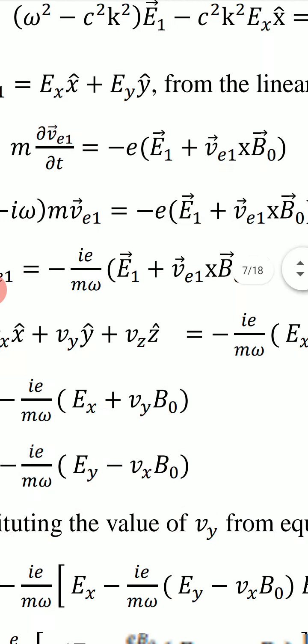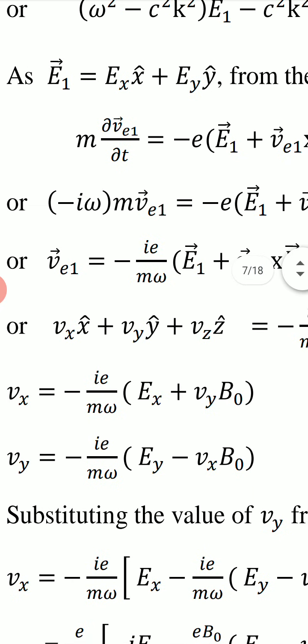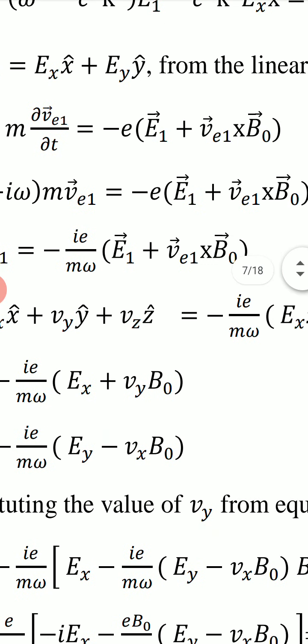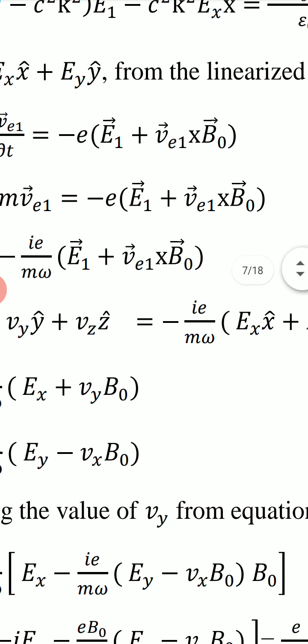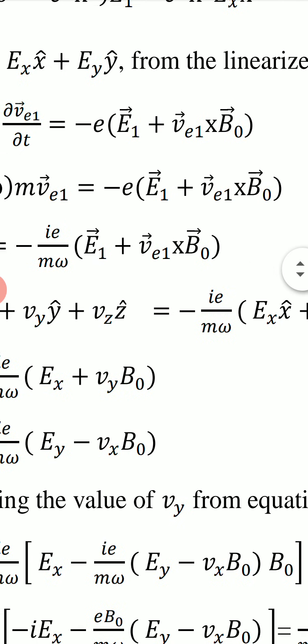So left hand side is mass into acceleration, which is force, and in the right hand side it is the force due to electric and magnetic fields. Charge of electron is minus e, so force due to electric field is minus e E1, and force due to magnetic field B0 is minus e ve1 cross B0.